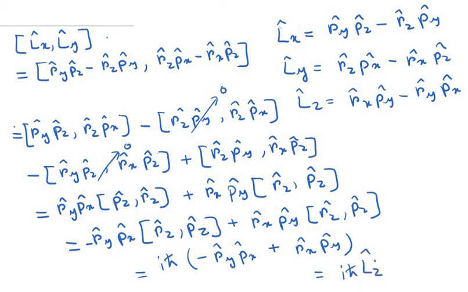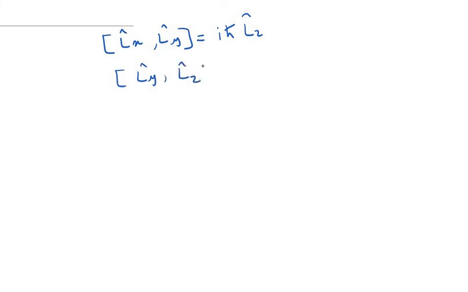Okay, so we have come to a relation which is again quite fundamental, which is the commutator of Lx Ly is equal to i h bar Lz. Similarly, we can derive other relations: the commutator of Ly Lz is equal to i h bar Lx, and the commutator of Lz Lx is equal to i h bar Ly.